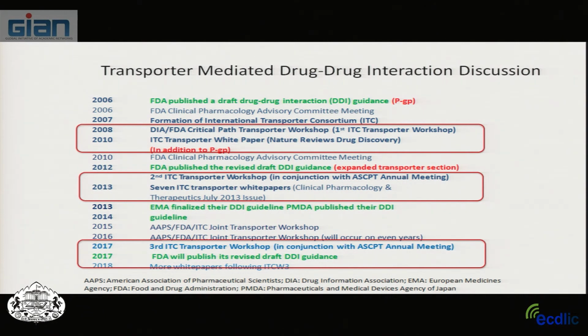In 2007 we just discussed the ITC formation, and then the expanded guidance came in 2012. They had the third workshop just this year, and this October they had this guidance, and I think next year they will have the expanded version.